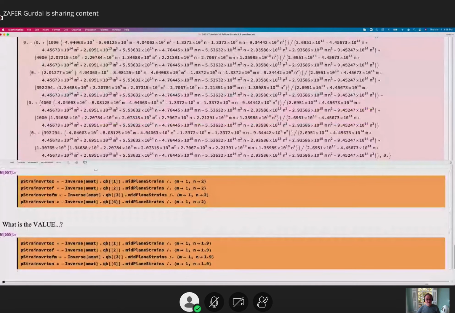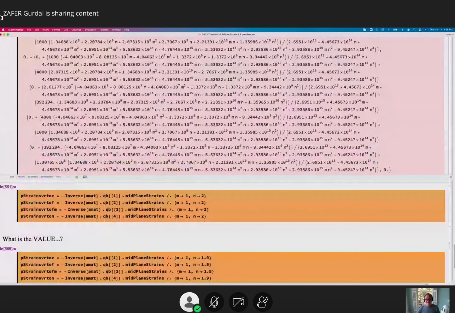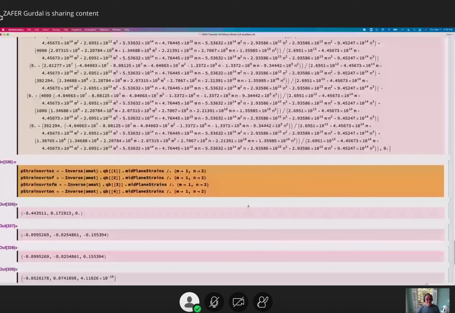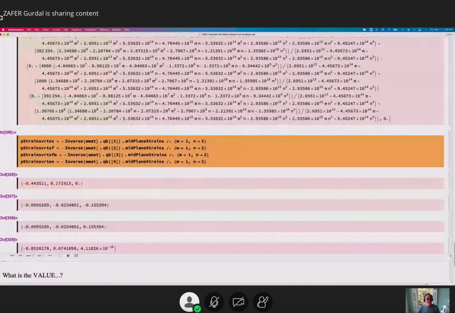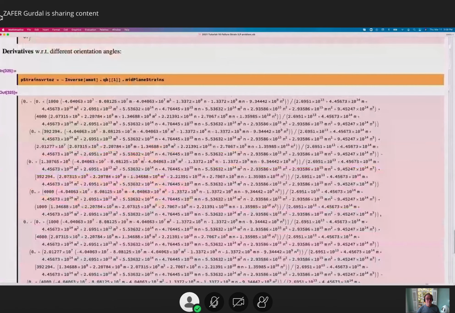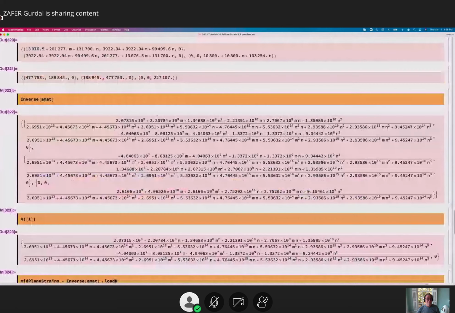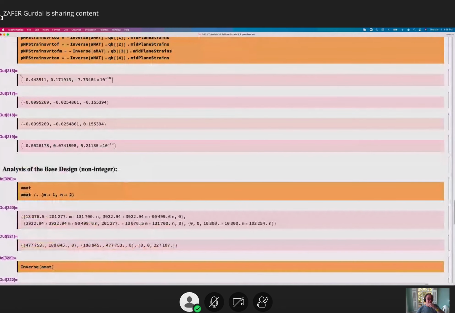But in fact, if I put m and n as 1 and 2, I get exactly the same values that I computed above with the traditional approach of the derivatives.